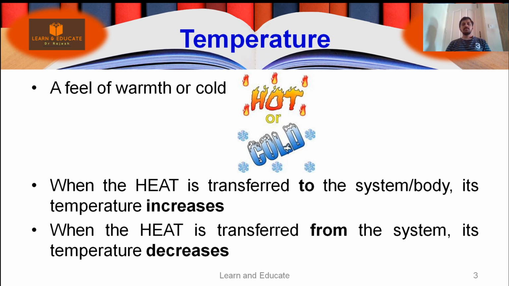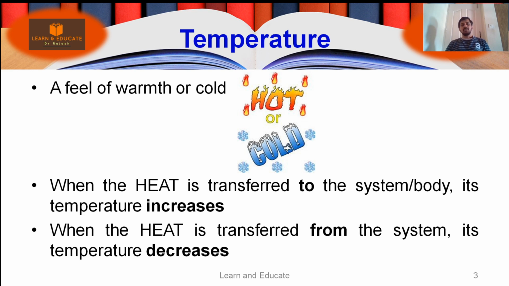So temperature cannot be defined as such. If somebody asks you what is temperature, it's very difficult to explain it with words, right? But you can say whether the temperature is high or low by the feel of warmth or cold. So we can feel it.